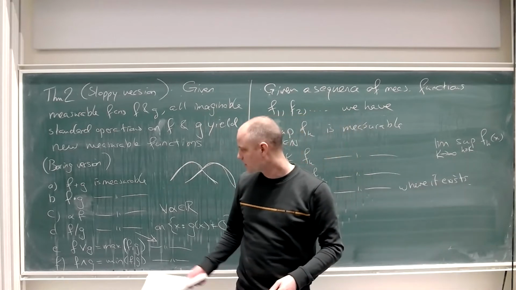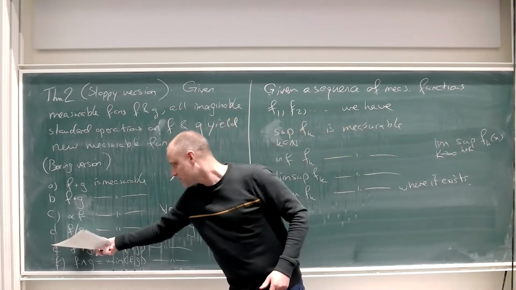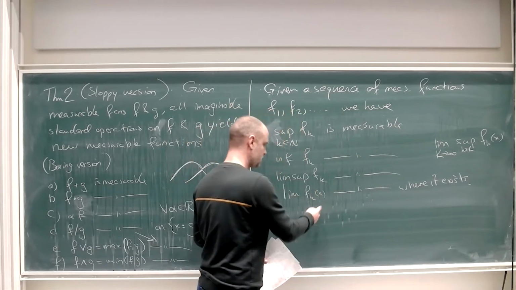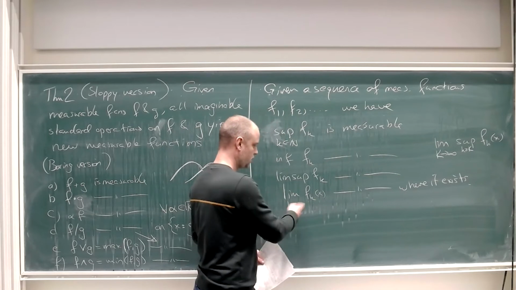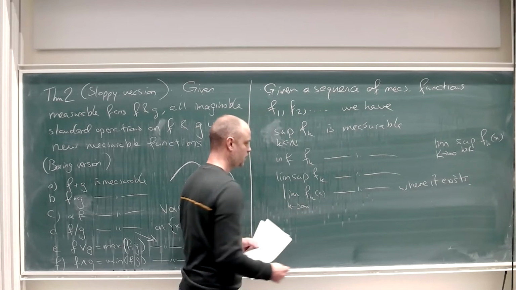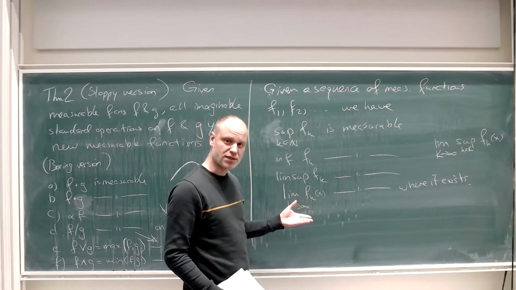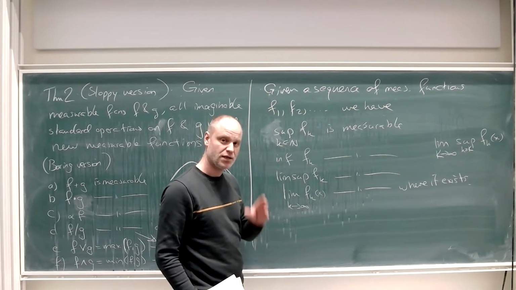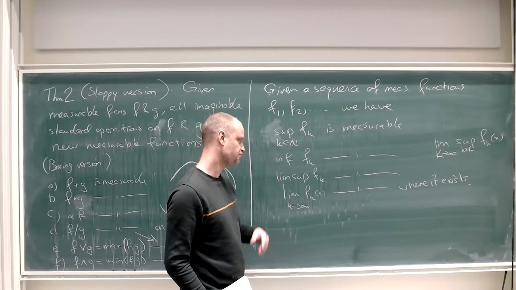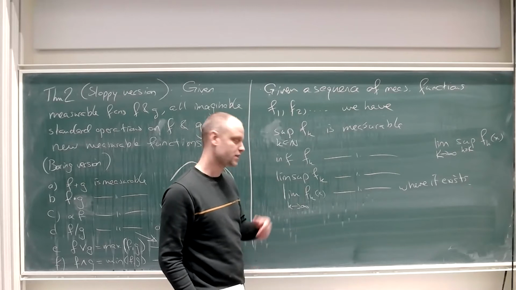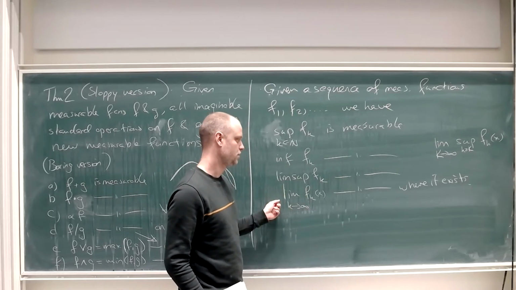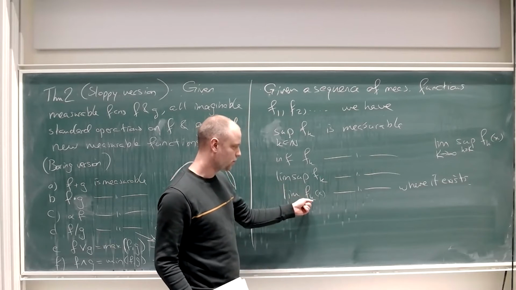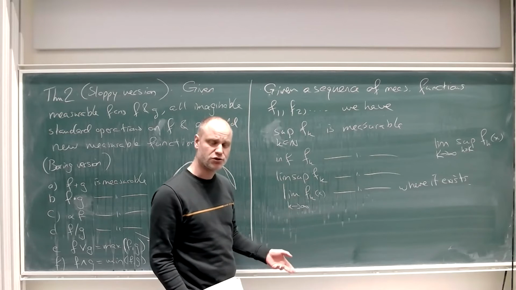It's a bit similar to this division, right? The limit of f_k at some point x, as k goes to infinity, can either exist or not exist. So what this says is that where it exists, that's a measurable set, and on that measurable set, this is a measurable function.